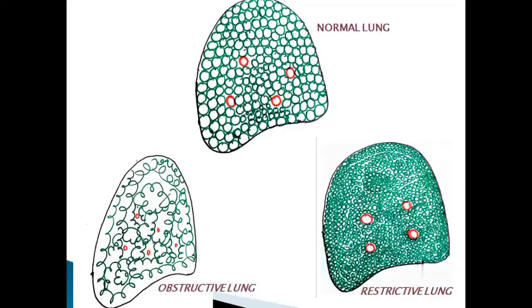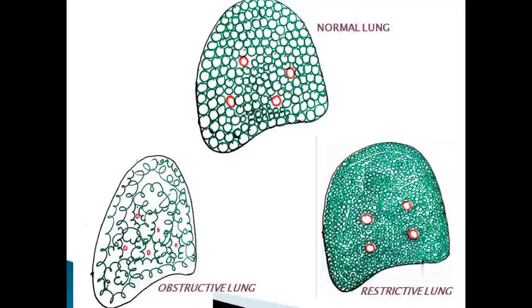Okay. Now we will talk about the residual volume. You people can think where residual volume will be increased. Residual volume is the amount of air that is left in the lungs after the maximum expiration.